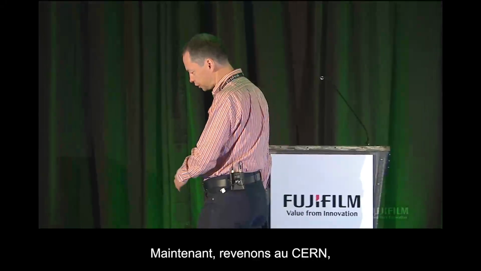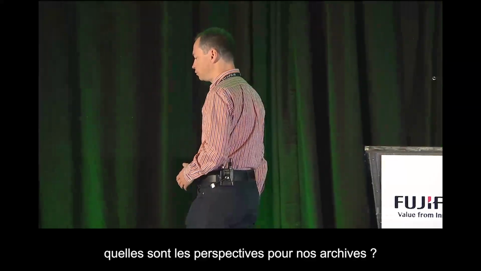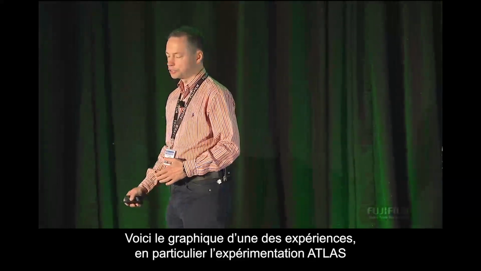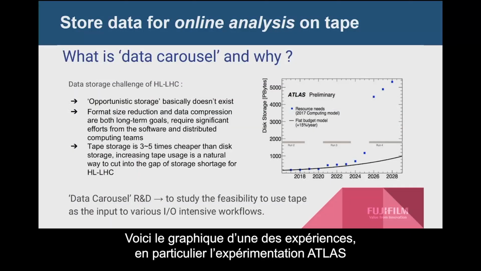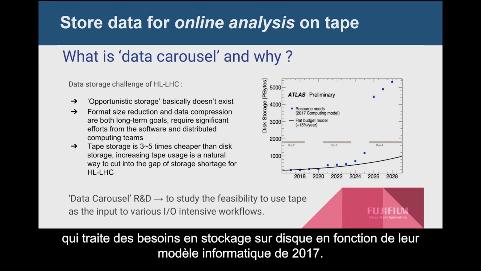Now coming back to CERN, what is the outlook for our archive? This is a chart from one of the experiments, in particular the ATLAS experiment, where they discuss the disk storage needs based on their 2017 computing model.